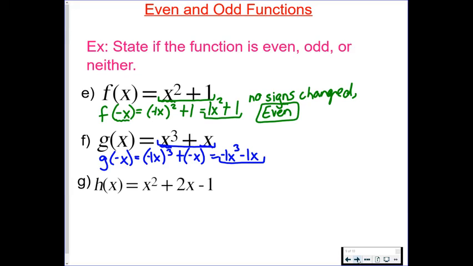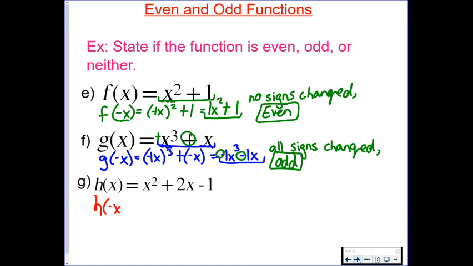Originally, this was a positive, and this was a positive. But when I plugged in my negative x, now they changed to negatives. So since all the signs changed, this one is an odd function. Okay, so I plugged in a negative, simplified, and then all the signs changed. Let's try the last one.